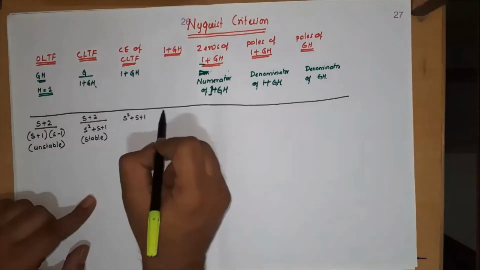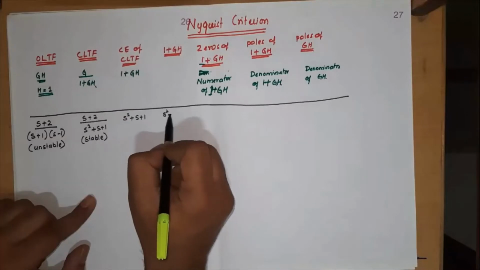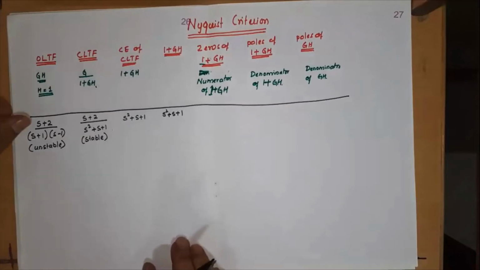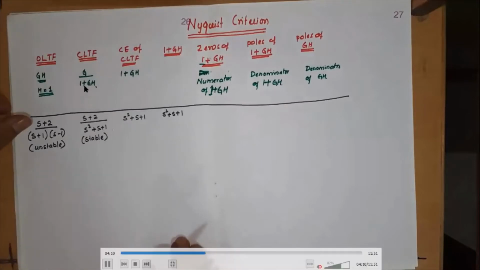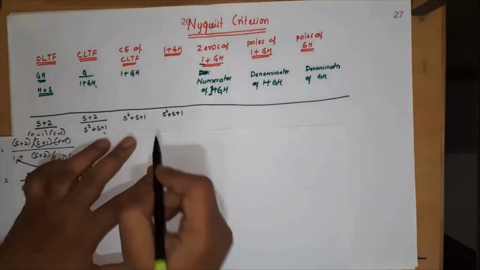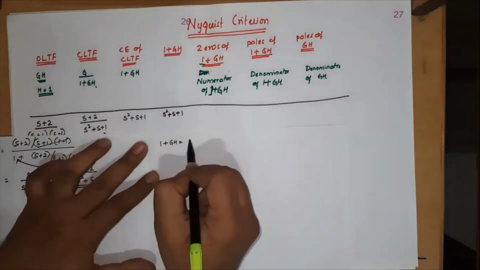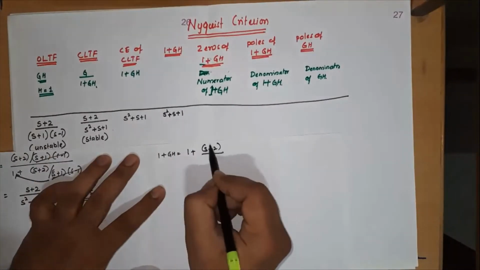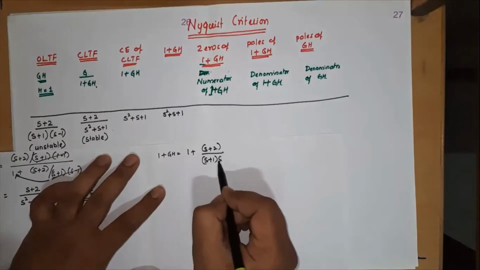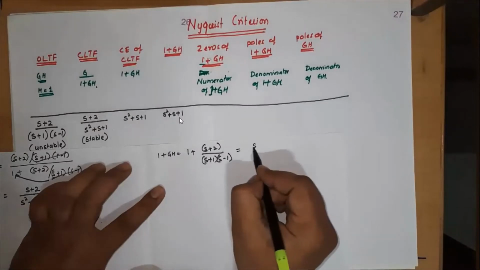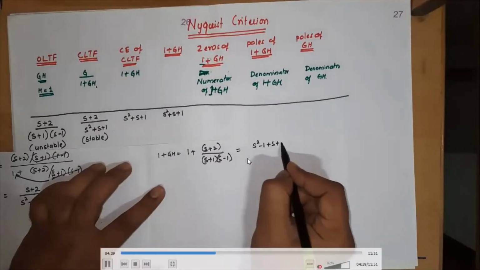Okay, this denominator. Next, let us write what 1 plus GH is. Many of you may say it is the denominator of the closed loop transfer function, but there is a slight change in writing 1 plus GH. What I mean to say is 1 plus GH actually is 1 plus the open loop transfer function, which is obtained by writing this expression.